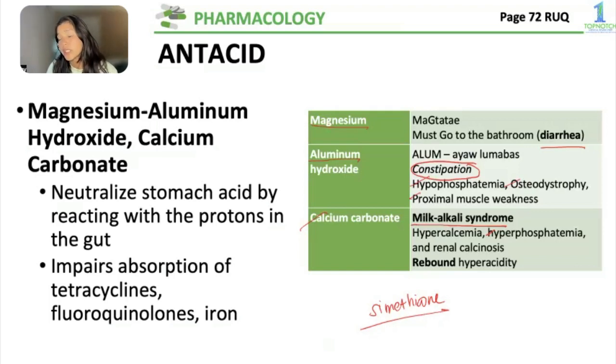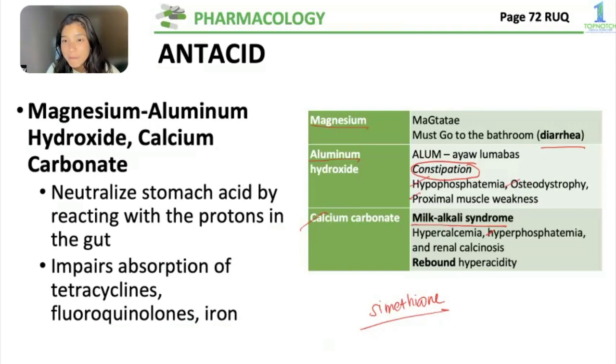It can also result in rebound hyperacidity, which is a stronger rebound of the symptoms after it initially being resolved with giving calcium carbonate. So all of these antacids can also impair your absorption of your tetracyclines, your fluoroquinolones, and your iron. Remember, with tetracyclines, we advise not to drink with milk because it impairs the absorption of this drug.